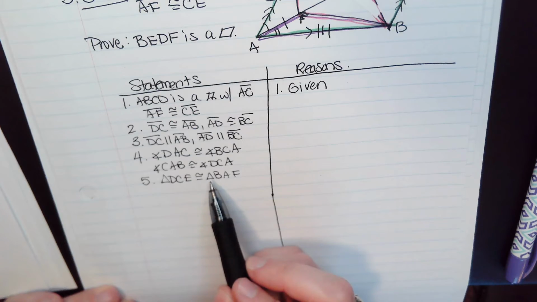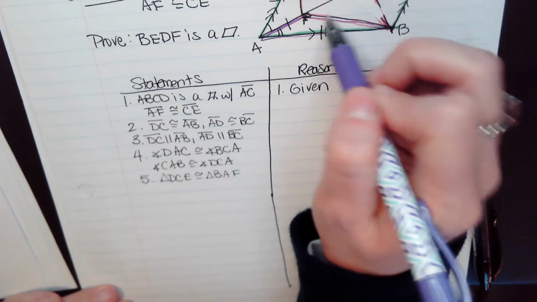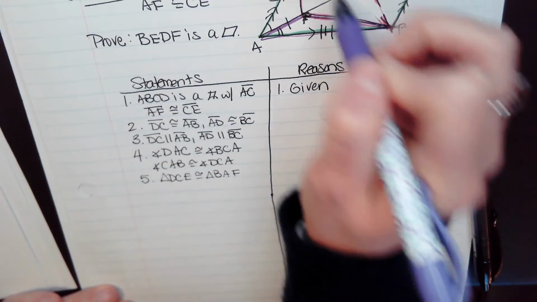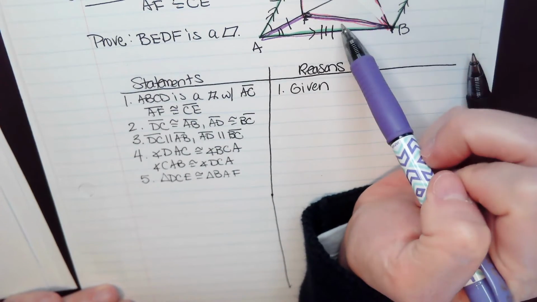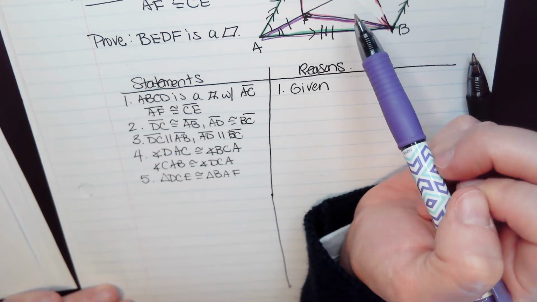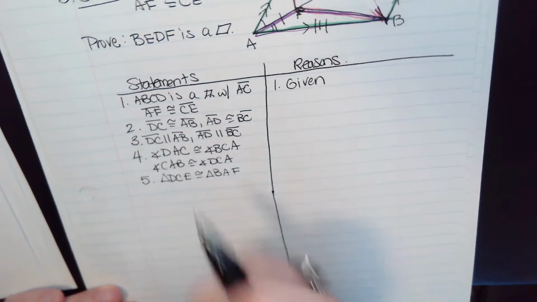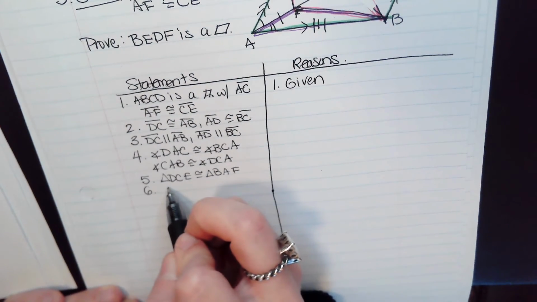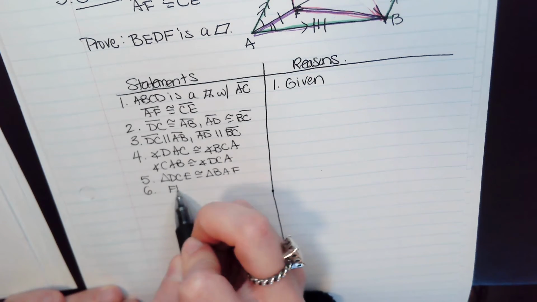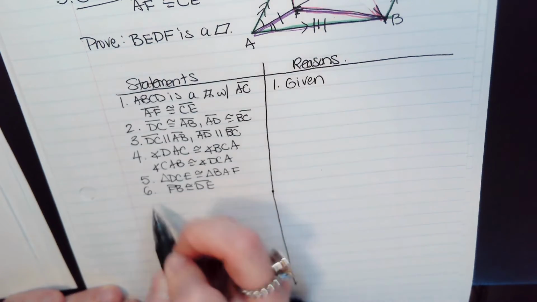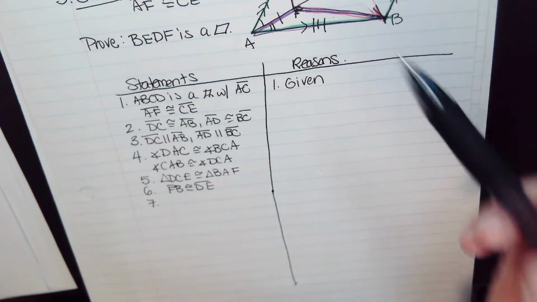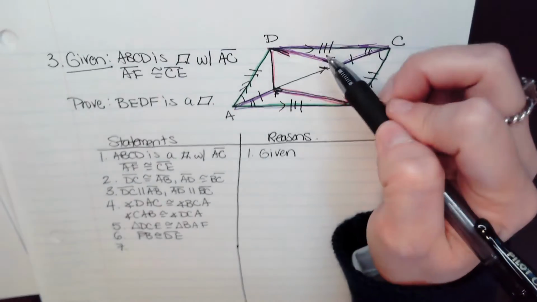Once I have those triangles congruent, I know that their parts are going to be congruent, so I can get these two sides to be congruent by CPCTC. So that gives us segment FB congruent to segment DE by CPCTC.